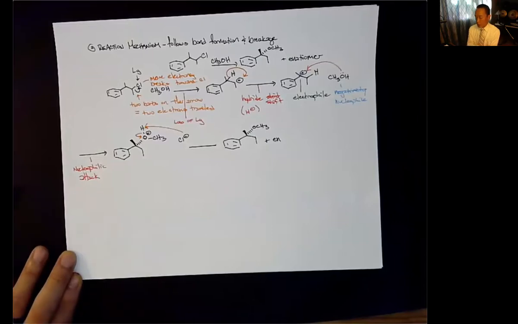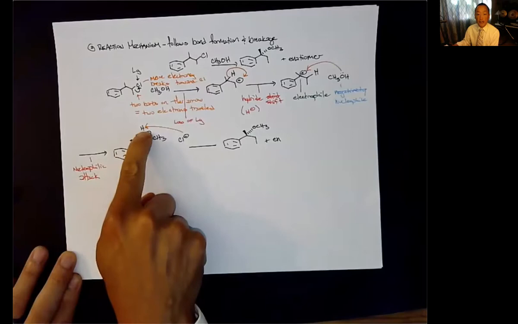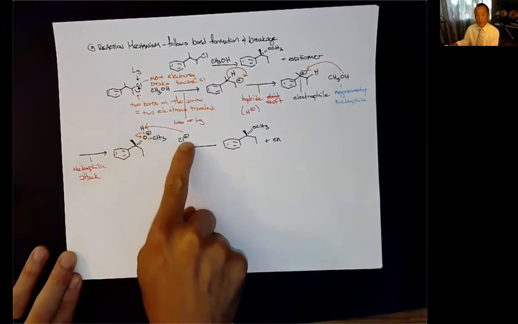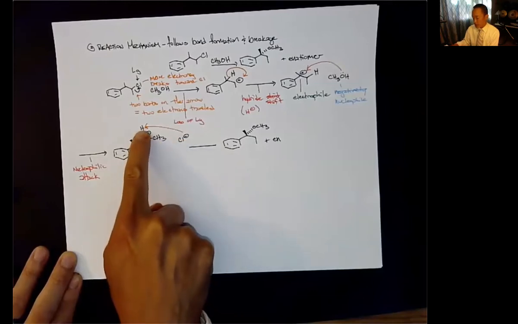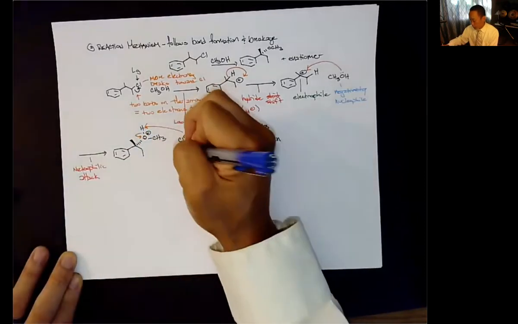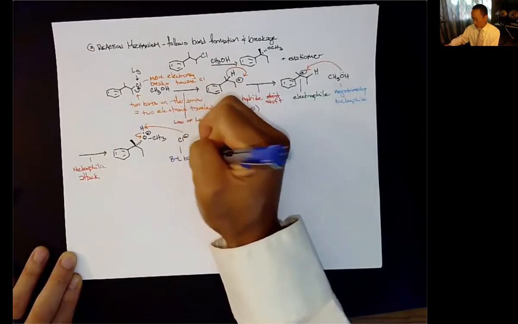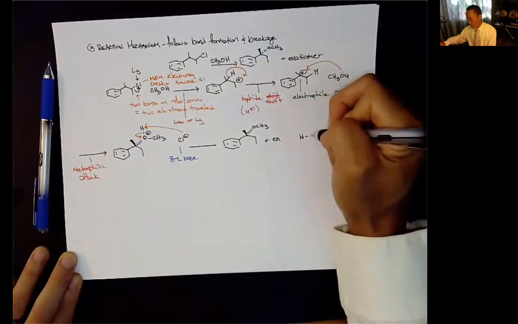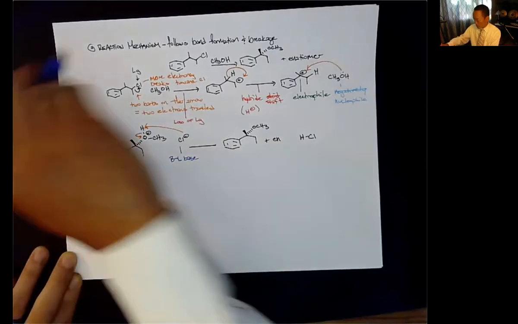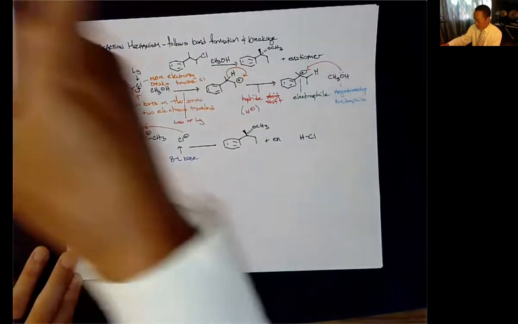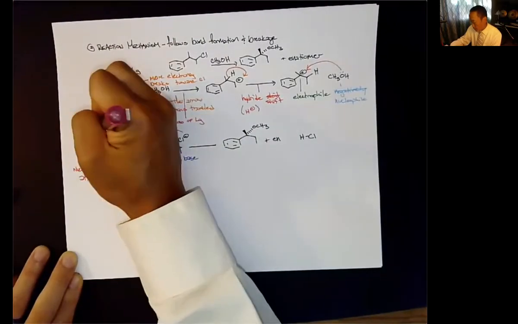Now, because we are using a hydrogen in this reaction, and we're using something that's negatively charged, because this negatively charged species reacts with this positively charged species right here, and that positively charged species is a hydrogen, we have now entered the world of Bronsted-Lowry chemistry, which makes this species a Bronsted-Lowry base because it will eventually have the proton in the end, which makes this species right over here a Bronsted-Lowry acid.